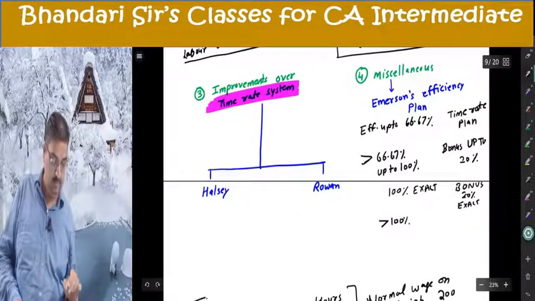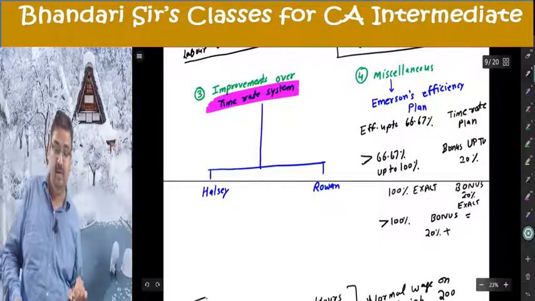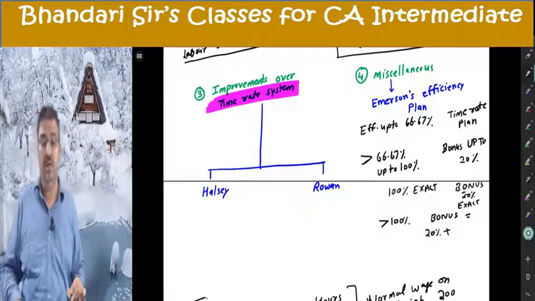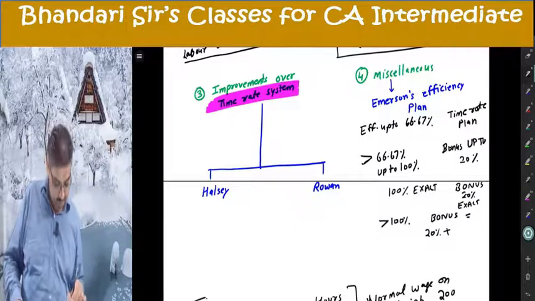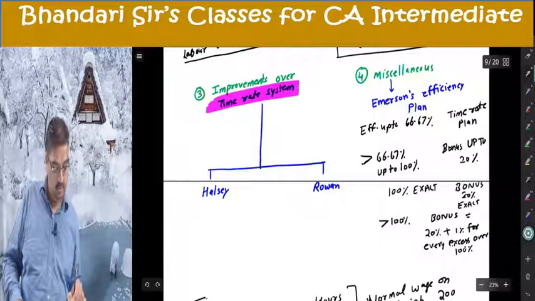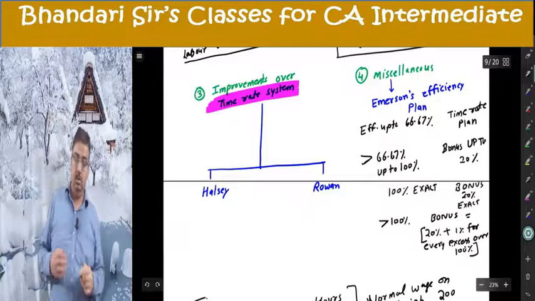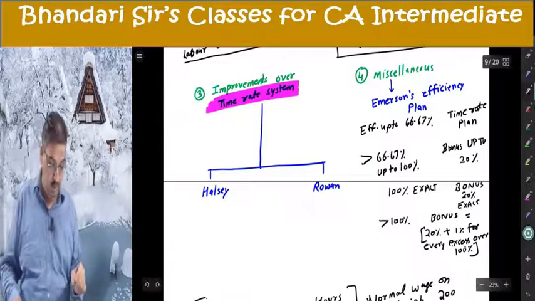More than 100%: bonus is equal to 20% plus an additional bonus of 1% for every excess over 100%. I can take an example to explain this.